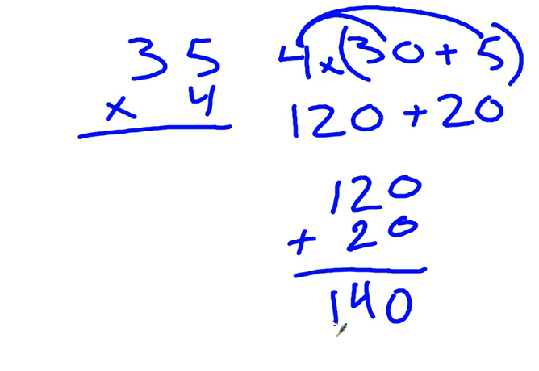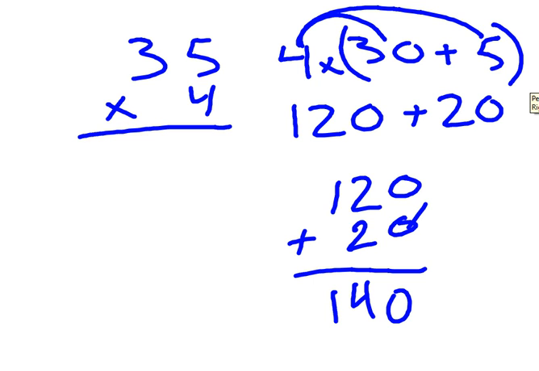Okay, now, watch. You've probably learned another way how to do this, right? Now, I'm going to show you how the way you learned to do it is just the distributive property. Now, do I want you to write every problem out like this when you do these? No. But I want you to know that the reason we do it that way is because of this distributive property. Watch. So what I'm first going to do, I'm going to multiply 4 times 5.